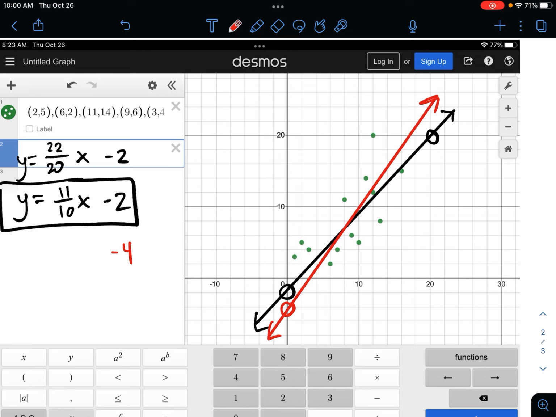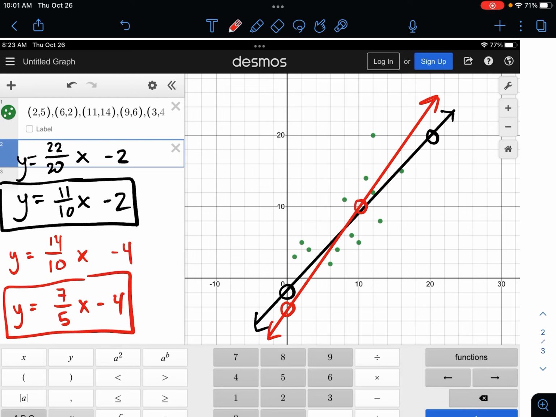To find the slope, let's find another point that works well. It looks like it goes right through there. We can see 1, 2, 3, 4, 5, 6, 7 times 2 is 14. And then 1, 2, 3, 4, 5 times 2 is 10. So y equals 14 tenths x minus 4. We can reduce this and get 7/5 x minus 4. So this would also be a good graph.